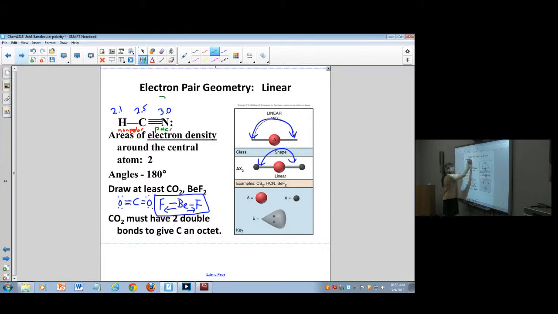The difference is greater than 0.4, because it's a 0.5, and so there's going to be some pull of the electrons towards the nitrogen. This molecule is partially negative at the nitrogen end and partially positive at the hydrogen end.